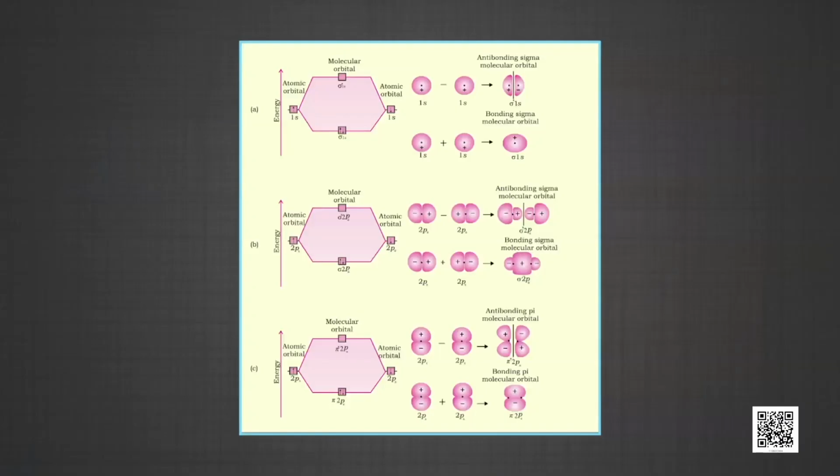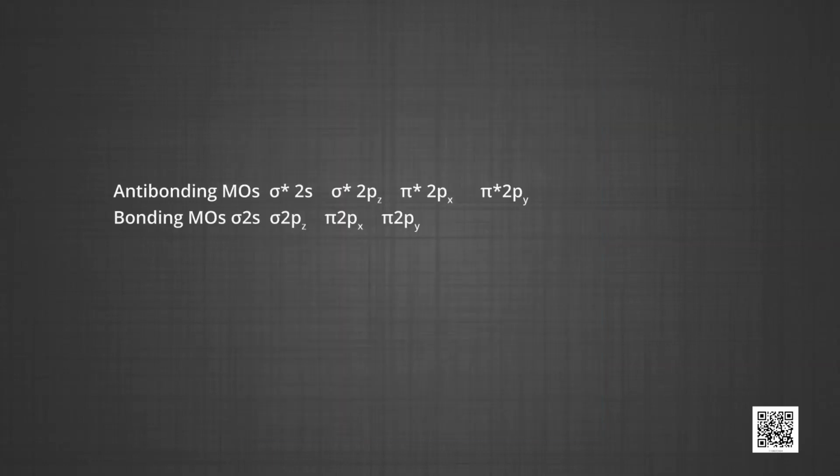The figure shows you the contours and the energies of the bonding and antibonding molecular orbitals formed through the combination of 1s atomic orbitals, figure B shows the 2pz atomic orbitals and figure C shows the 2px atomic orbitals. Antibonding molecular orbitals: sigma antibonding 2s, sigma antibonding 2pz, pi antibonding 2px and pi antibonding 2py.